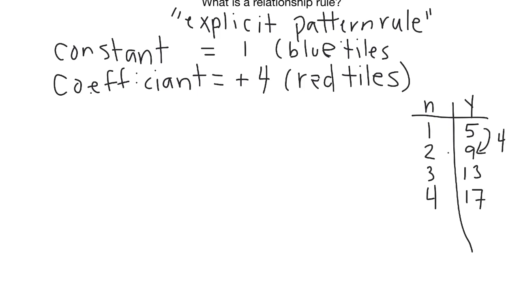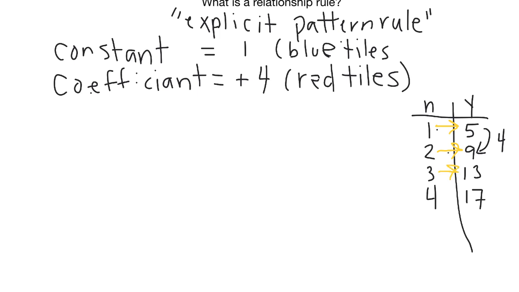We also have to look at the relationship between the term number to get to the value number. And so how could we get from 1 to 5? Well, we could multiply 1 by 4 and add 1, but then we have to think about, would that work for 2 to get to 9? So 2 times 4 is 8, plus 1 is 9.